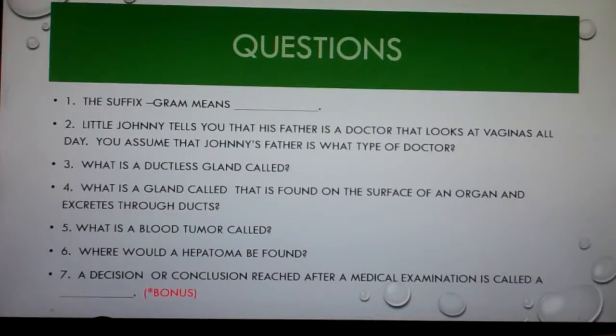Number 4, what is a gland called that is found on the surface of an organ and excretes through ducts? Number 5, what is a blood tumor called? Number 6, where would a hepatoma be found?